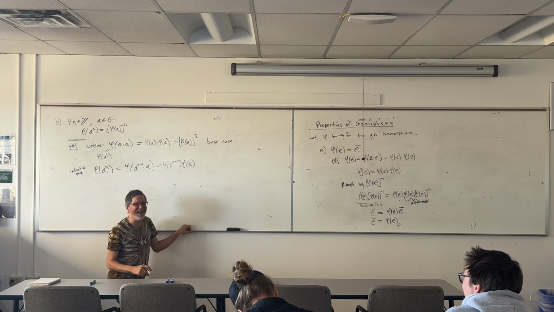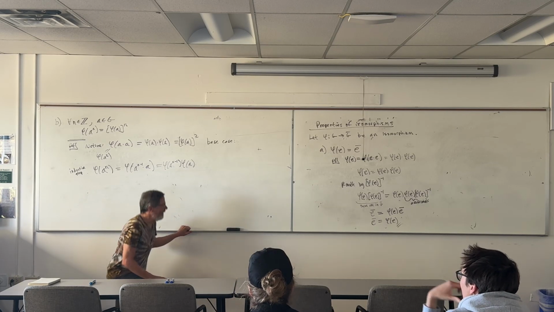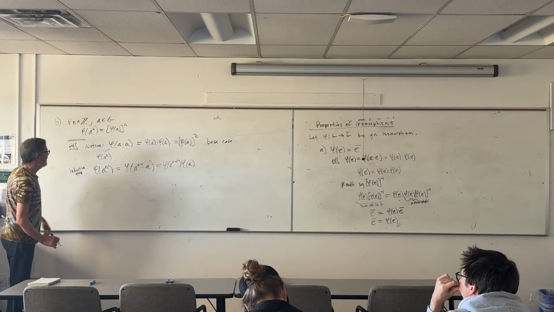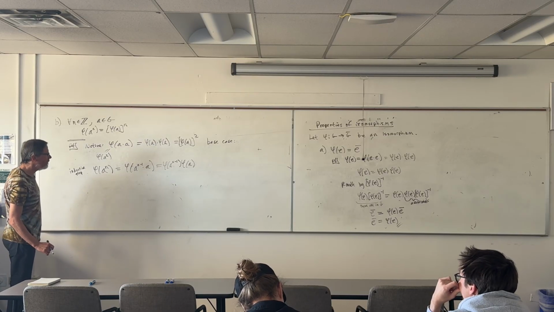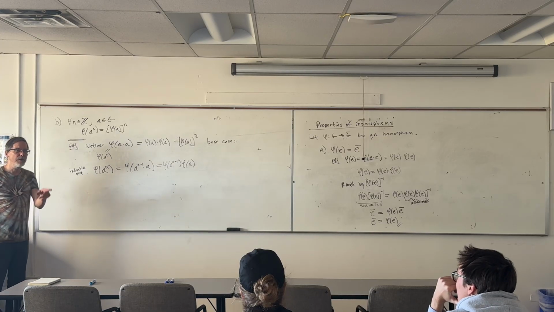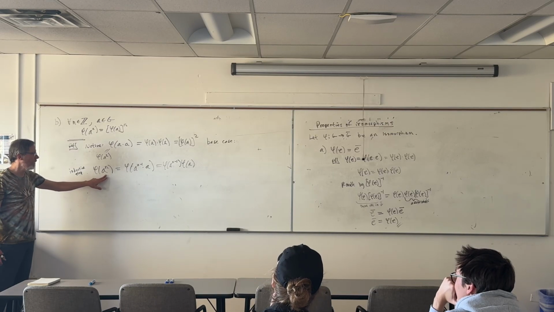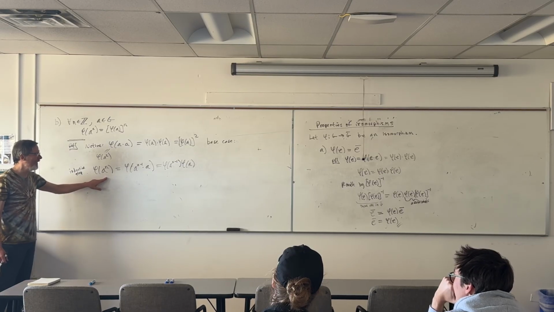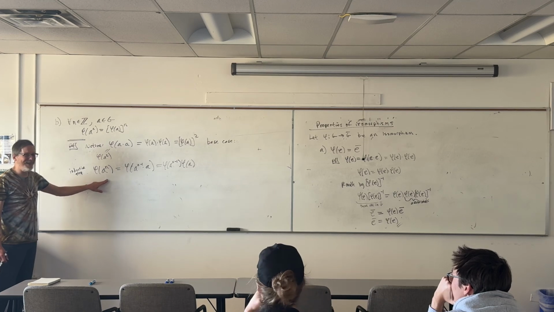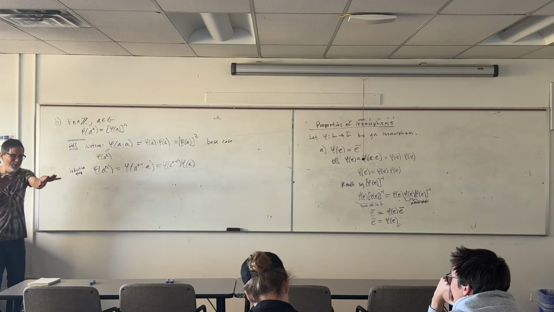I think I might be trapped in the middle of an induction with no home base. Couldn't you just pull apart a to the n and say it's phi of a times a, a n times, and then pull it apart that way? Or do successive squares. Yeah, I could definitely. You see what's happening here, right?